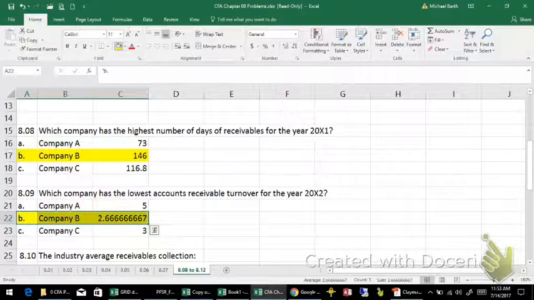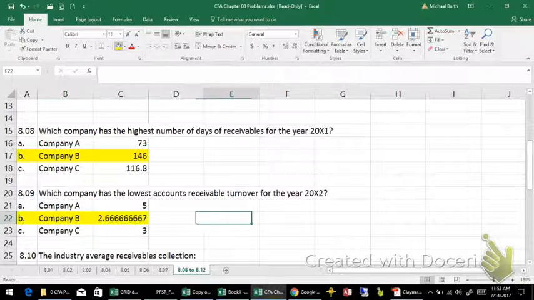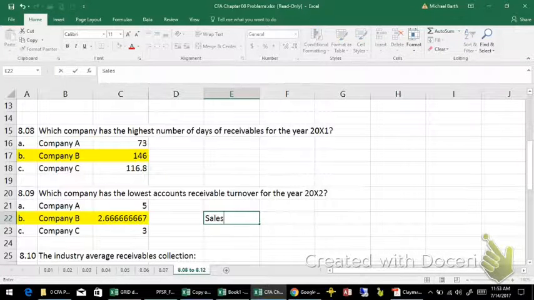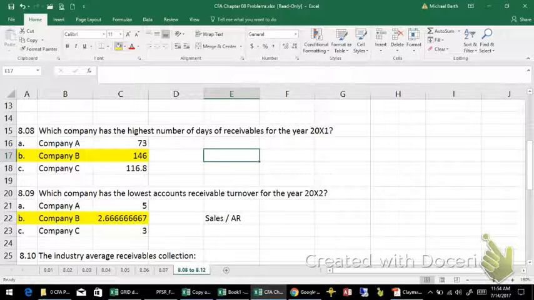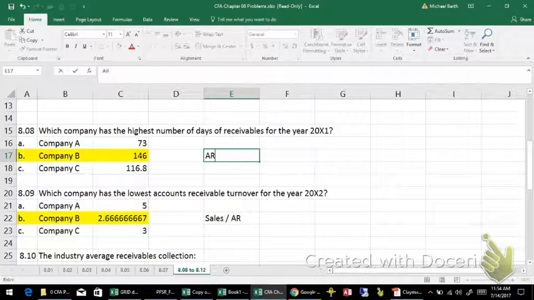The days of receivables is essentially the reciprocal of the turnover ratio. Accounts receivable turnover is sales divided by accounts receivable. The days of receivables is accounts receivable divided by sales divided by 365.